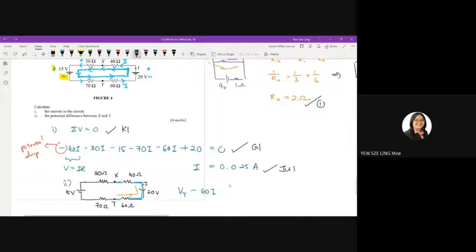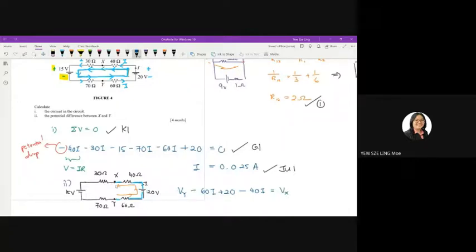And as it keeps traveling, it passes through another resistor. So potential drop again, because the travel direction and the current are both pointing toward the same direction. So minus 40I, and then it's going to be equal to Vx.